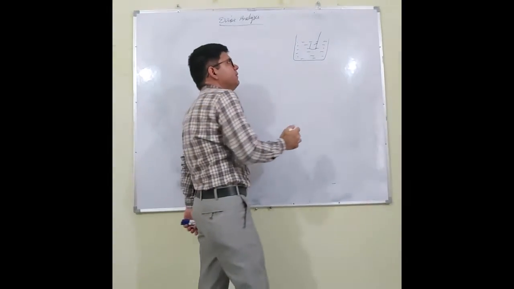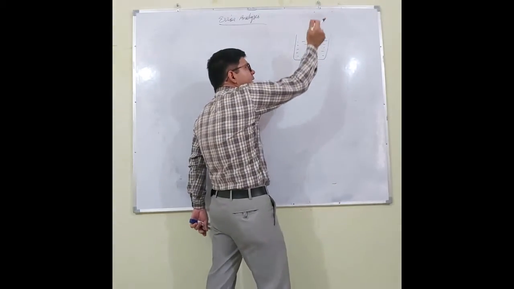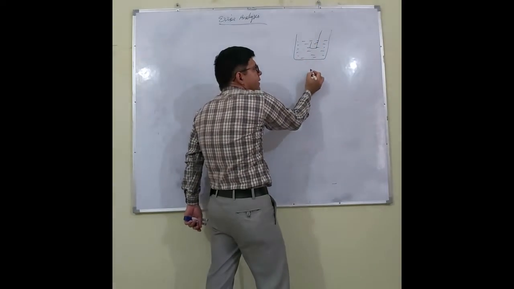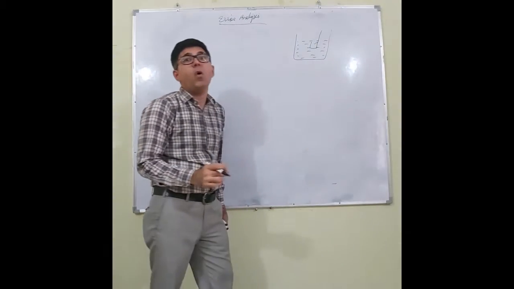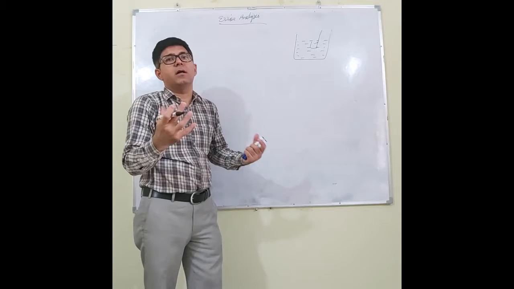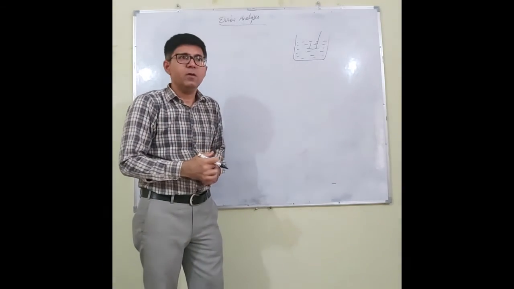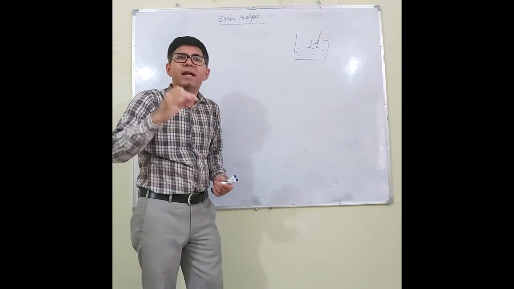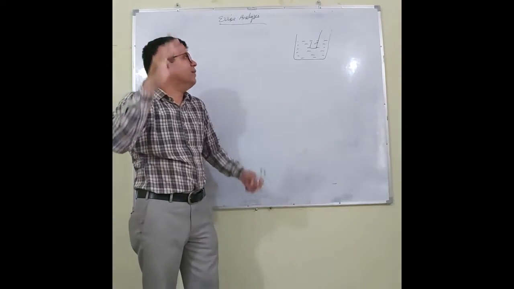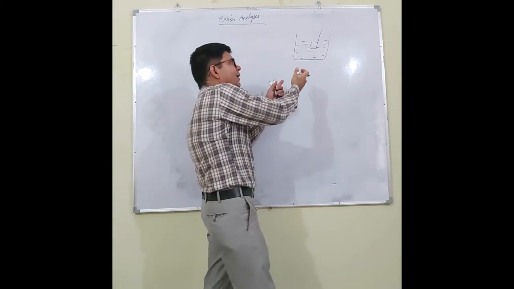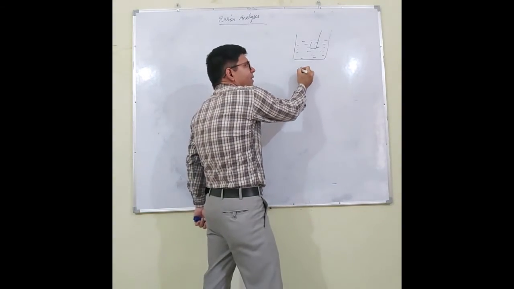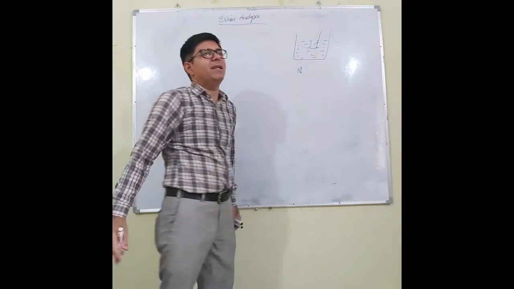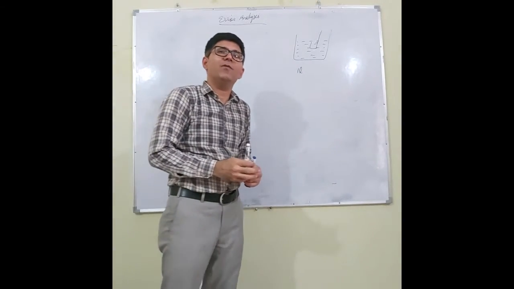When he is taking out the milk, there is a formation of froth, that is, jhag, and due to that you get a lesser quantity of milk. You were supposed to purchase 1 liter, but you are getting less than 1 liter of milk.